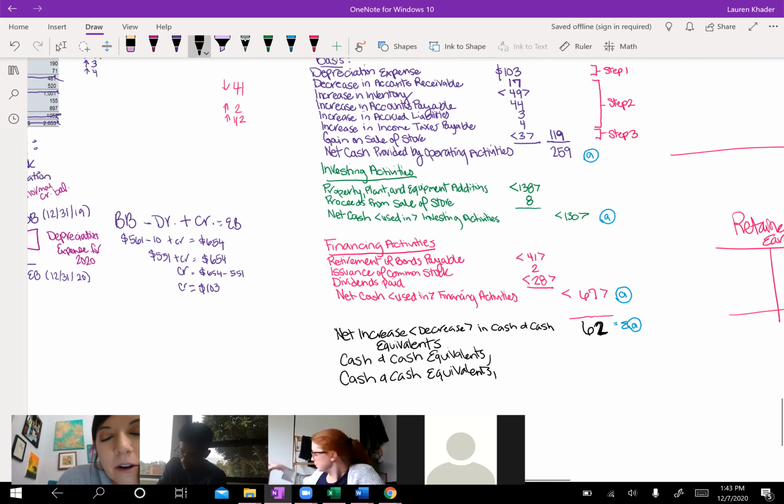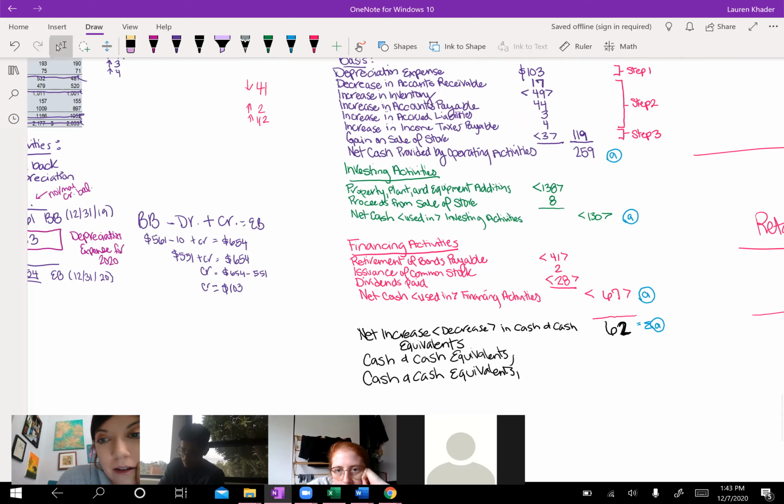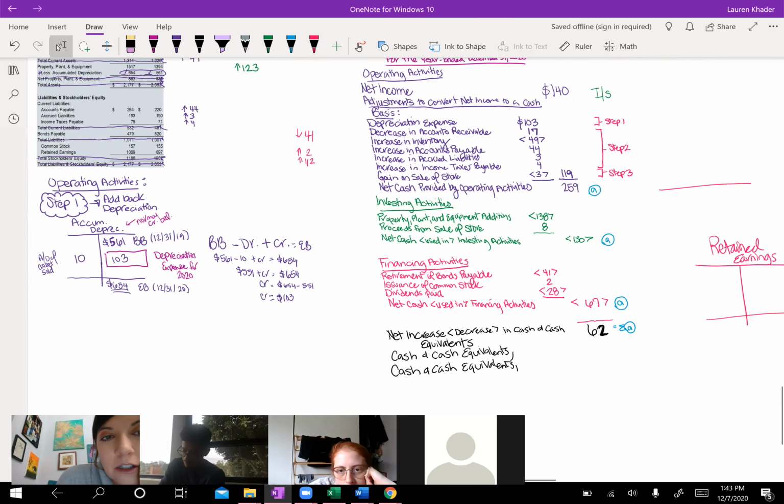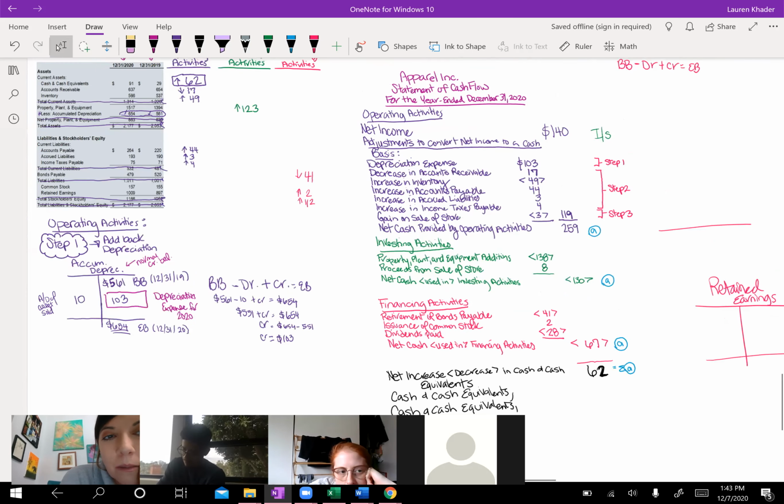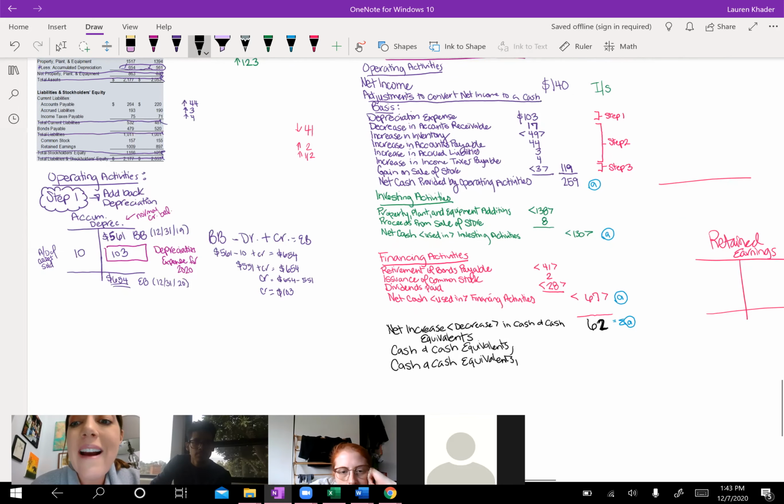Can I know if I'm correct at this point in time? Yes. So if I go back to my little calculation, remember how I said we would see that again? There's the increase of 62, the balance sheet. So now all we're doing is showing how cash changed. Cash increased by 62 year over year. We started with a beginning cash balance.